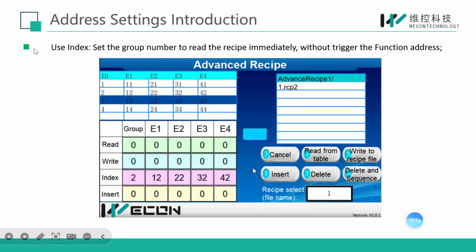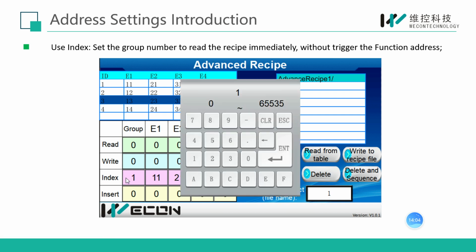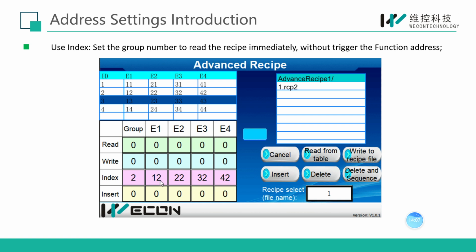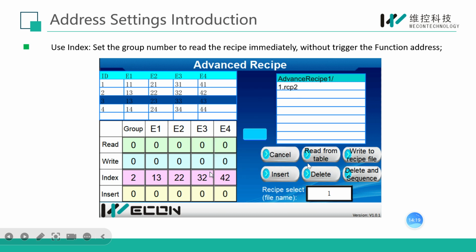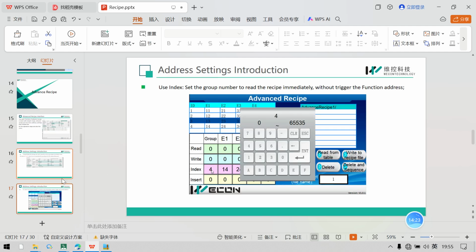And the second one is use index. Normally, if we want to read or write the recipe value, we need to trigger the function address, to read from the table or write to the table.